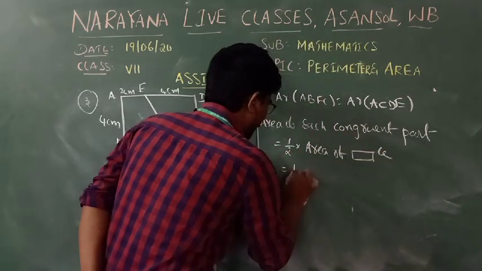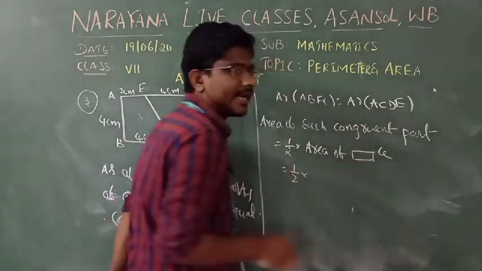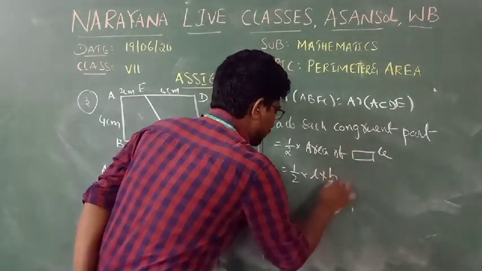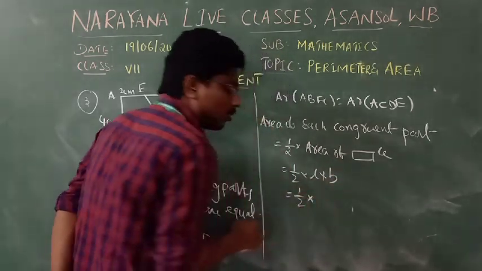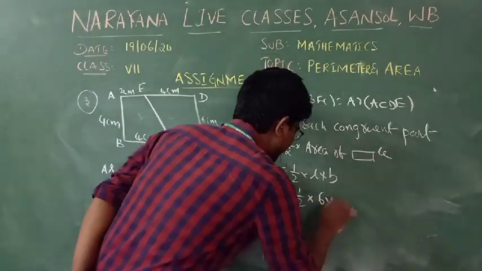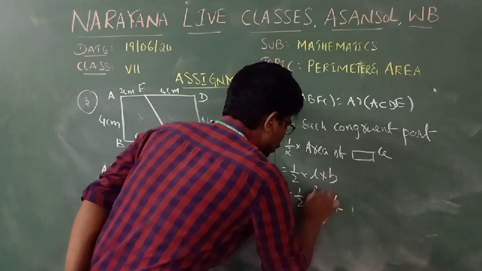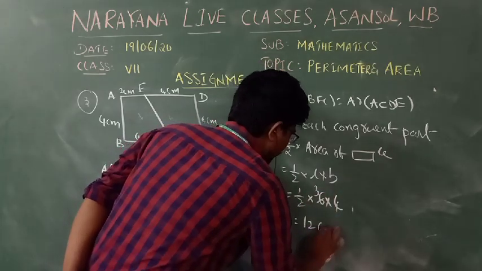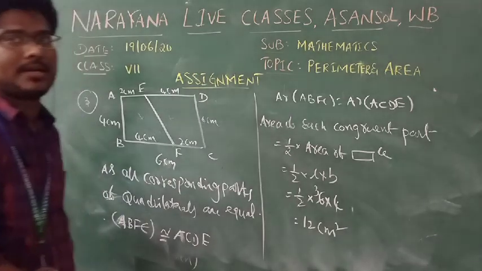That is 1 by 2 into the area of the rectangle, which is length into breadth. The length is 6, breadth is 4. 2 ones are 2, 2 threes are 3, into 4, that is 12 centimeter square.